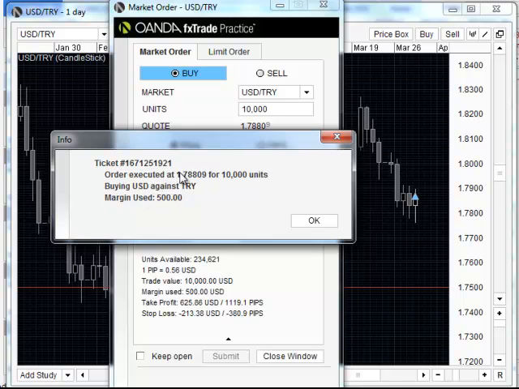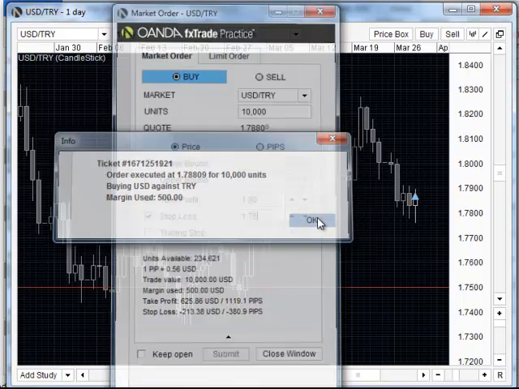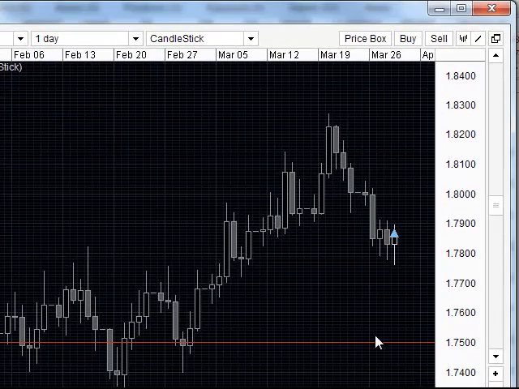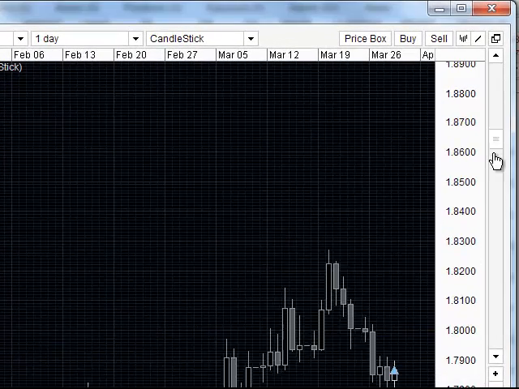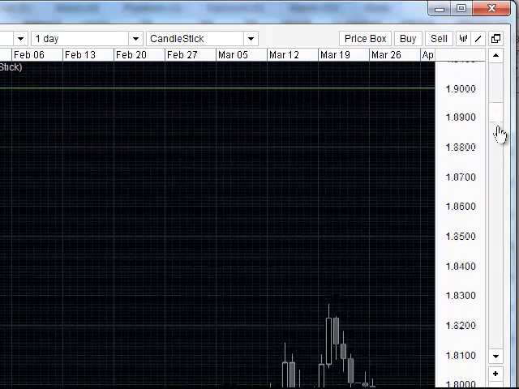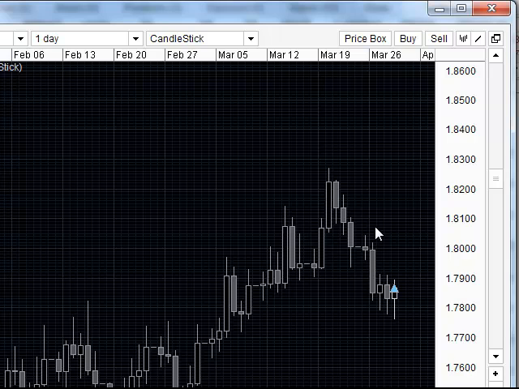That was the quote at the time that you clicked submit. So now you have an open trade, and here's the stop loss at 1.75, and you see here the take profit at 1.90.